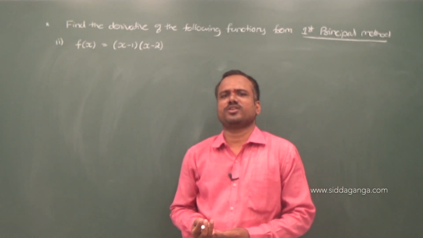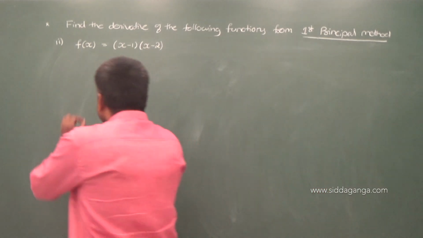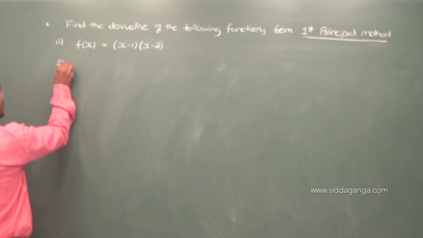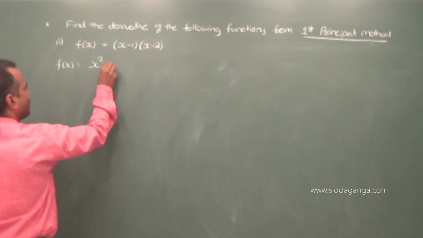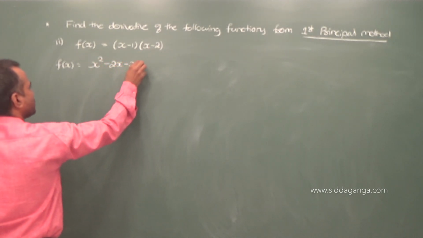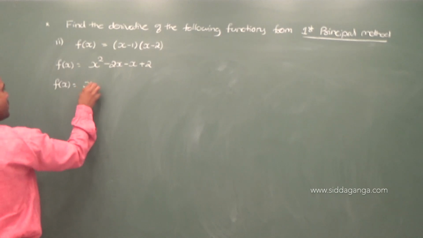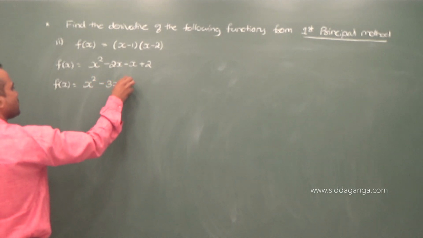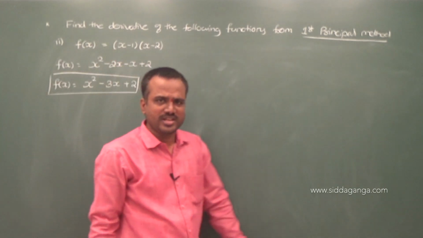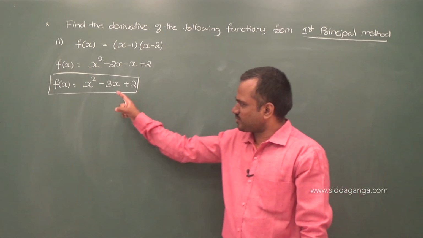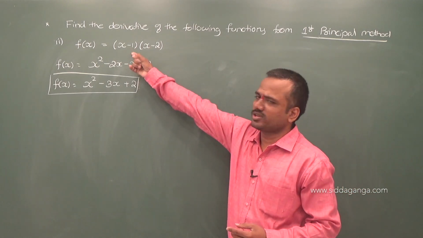So what we do, we simplify this problem first. f(x) = x·x, x² − 2x − x plus 2. f(x) = x² − 3x + 2. I simplified it, it was a product of linear factors, so we express it in terms of a quadratic function. Or else if you start here only, no problem.